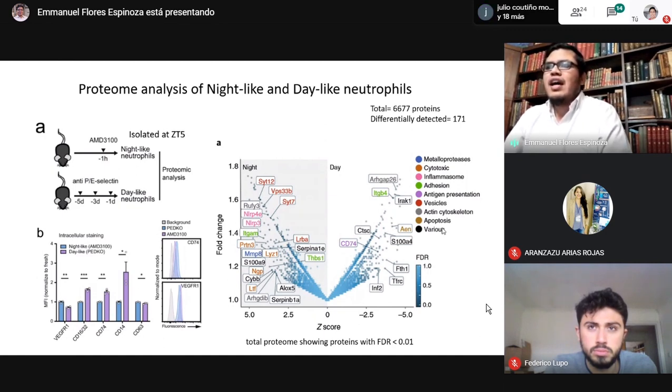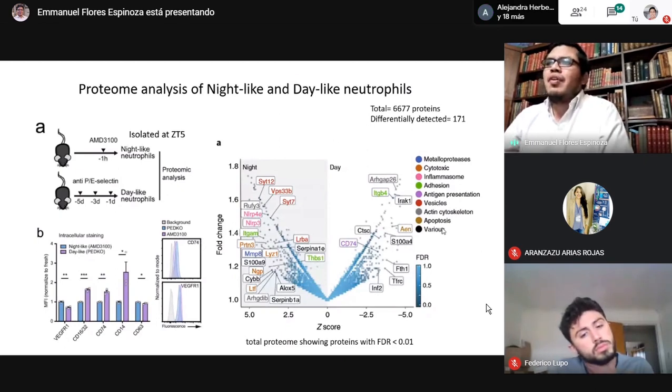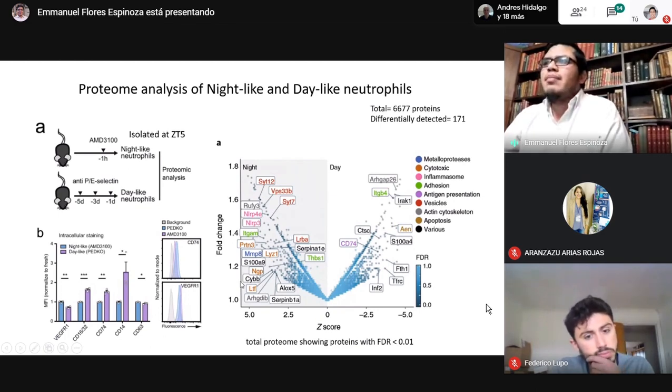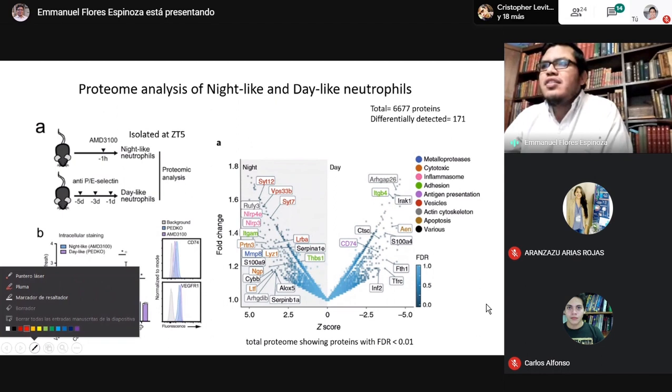They wanted to analyze whether there are proteomic differences between these two types of neutrophils. To obtain a significant number of proteins, they used a model where they enrich the night-like neutrophils and the day-like neutrophils.